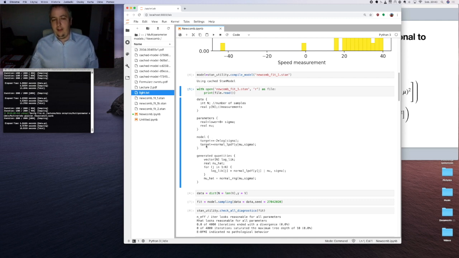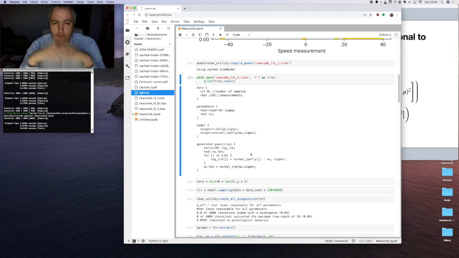And there are special functions defined for all distributions implemented in Stan. So it will be normal_lpdf, so logarithmic probability distribution function of y, so our measurements, conditional on mu and sigma. Here we have a nice bonus of vectorization of this data, so we will be able to do some such things.